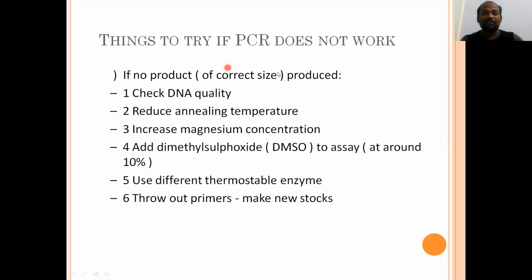When you look at the synthesized DNA, if it does not work, if no product is produced, I would like to give some tips in order to improve the PCR work. First, we may check the DNA quality. That means the source DNA quality should be rechecked if the product is not found. Moreover, we may reduce the annealing temperature, or increase the magnesium ion concentration, or add some DMSO, dimethyl sulfoxide, to the assay, or use a different thermostable enzyme instead of Thermus aquaticus, or use new stocks instead of the old primer stocks.